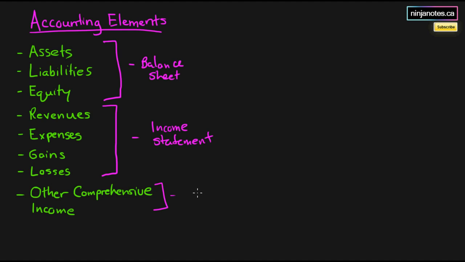And this will show up on our comprehensive income statement. So these accounting elements, when we're actually performing day-to-day transactions, all transactions will affect one or more of these elements.